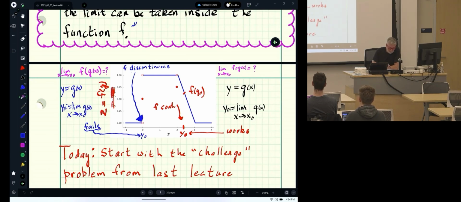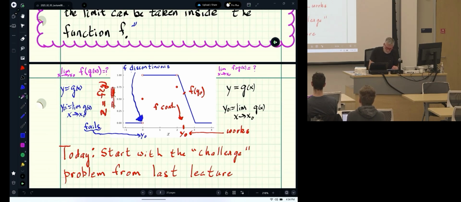We're asking ourselves, does this limit exist? I'm assuming this function g, that I'm not even making specific, does have a limit at x0. Can I get the overall thing by just evaluating f at the limit point y0?